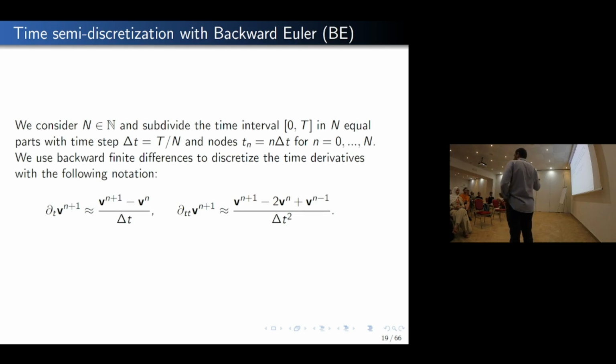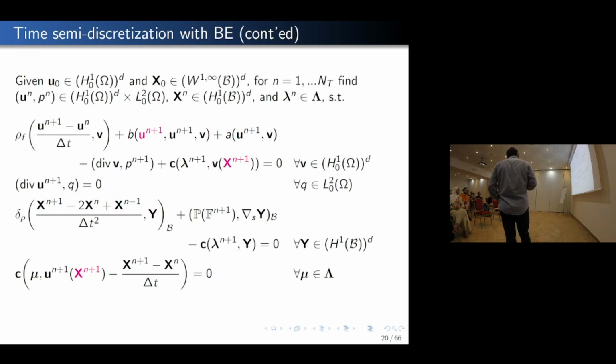So the time semi-discretized version of the continuous problem is this one, and I put in magenta three terms that are u^{n+1}, x^{n+1}, and x^{n+1}, because basically they are a problem: to solve this problem at the time instant t^n, we need to know u^{n+1} and x^{n+1} that we have not computed yet.